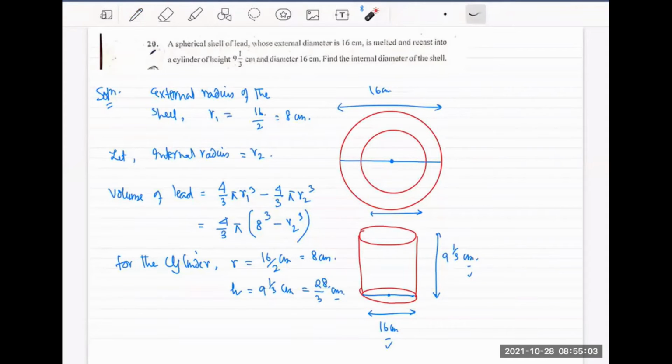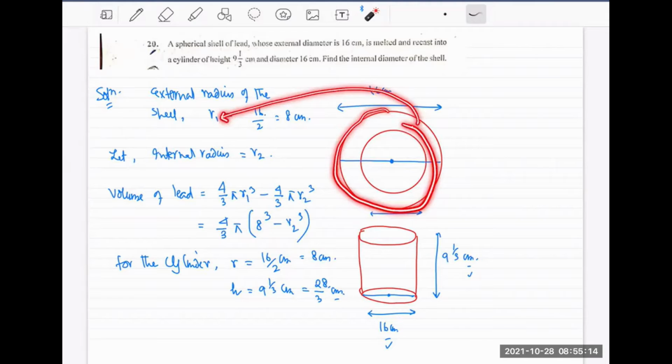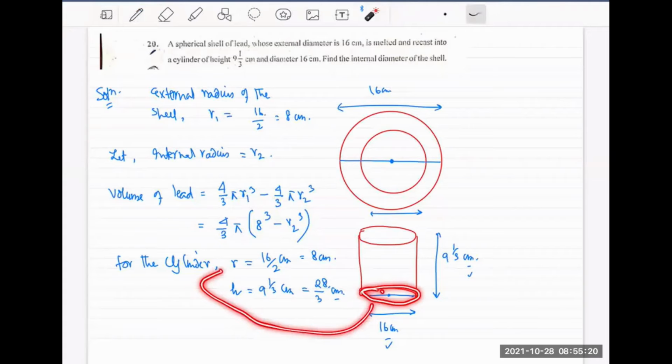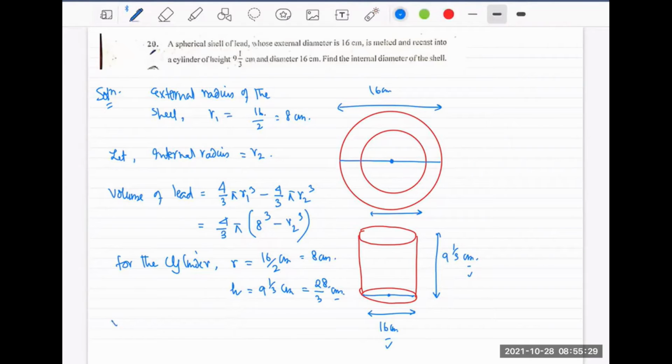You have to be careful of the symbols that we are using here. The internal radius, we use symbol R2. External radius, we use symbol R1. We have another radius, the radius of the base of the cylinder, we use the symbol R. And the height, we use the symbol H. Now find the volume of the cylinder.